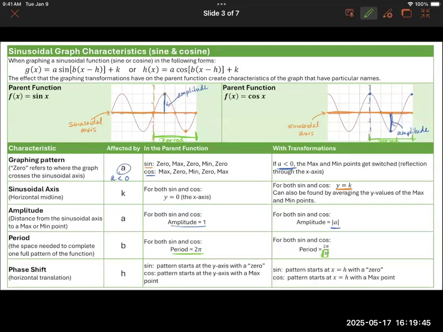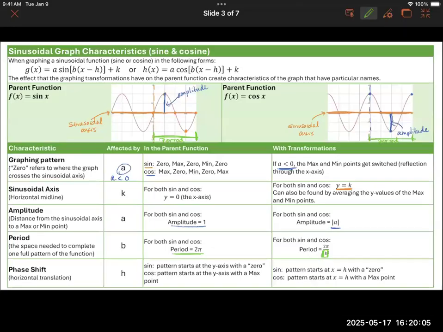And then finally, we have a phase shift. And the phase shift is really just a special name for horizontal translation. So if we get an h value inside of those parentheses with the x minus h, then it's going to move our graph to the left or to the right.